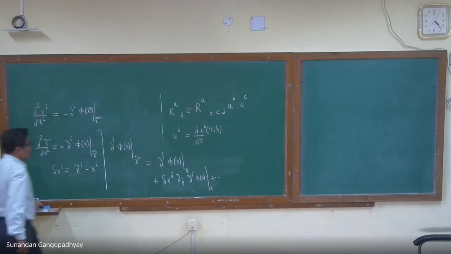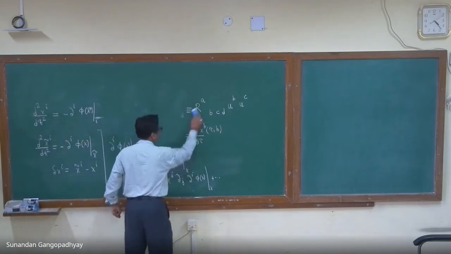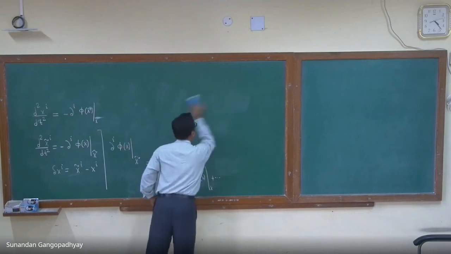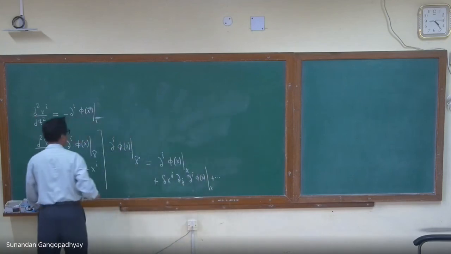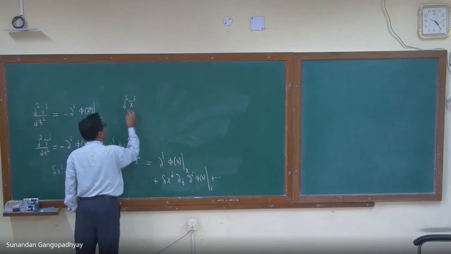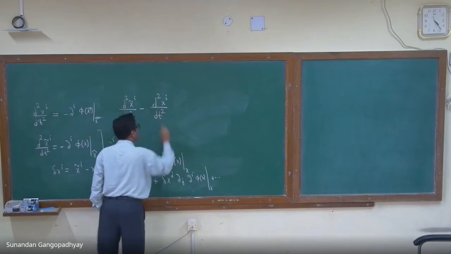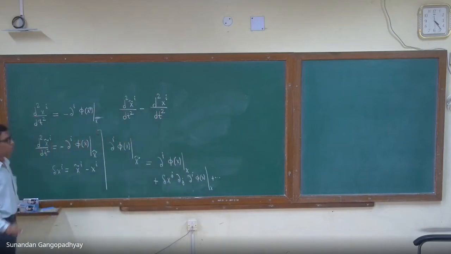Okay, so if this is fine, then let us go back to this Newtonian equation and consider the difference. I would like to tell you, or you should take it as a word of caution, whatever I am doing here is a heuristic derivation of Einstein's equation.